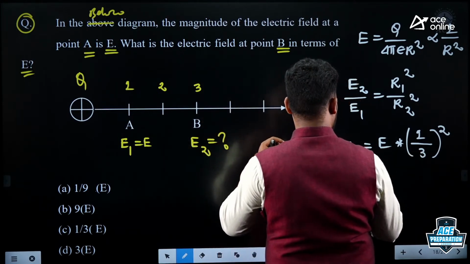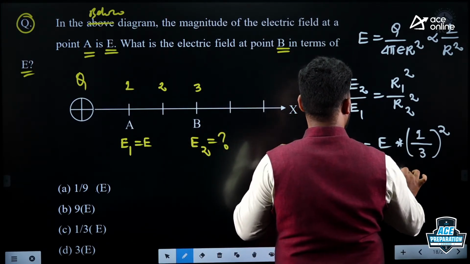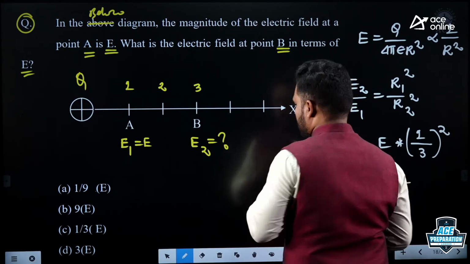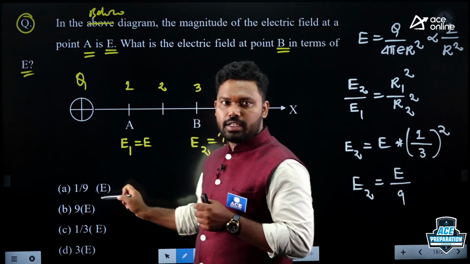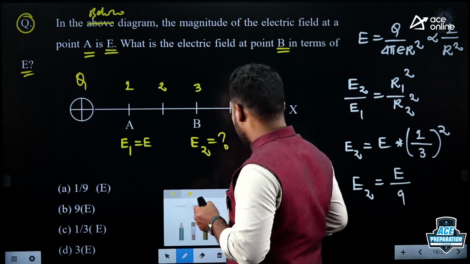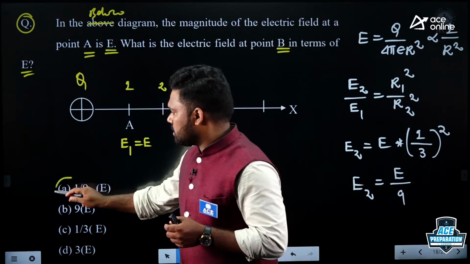So E2 is equal to E divided by 9, that is 1 by 9 into E is the answer. So option A is the answer.